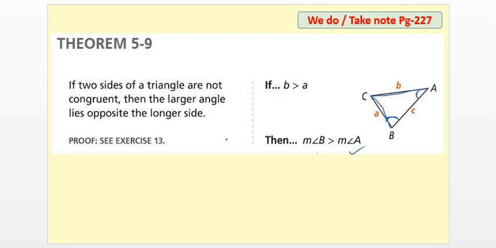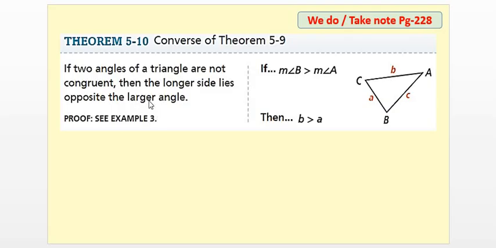In simple words, a side that is longer will have a bigger angle in front of it. A side that is smaller will have a smaller angle in front of it. And what is the converse of this theorem? It says if two angles of a triangle are not congruent, then the longer side lies opposite to the larger angle.